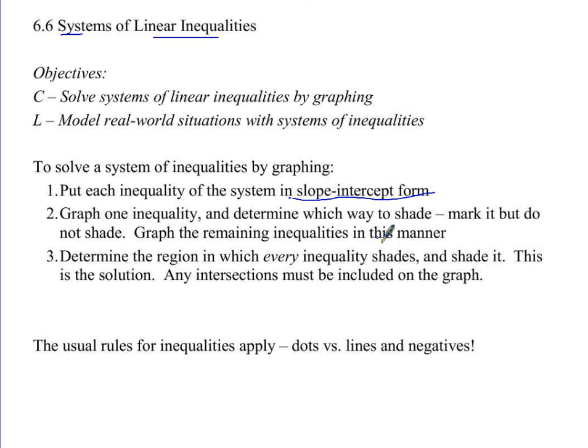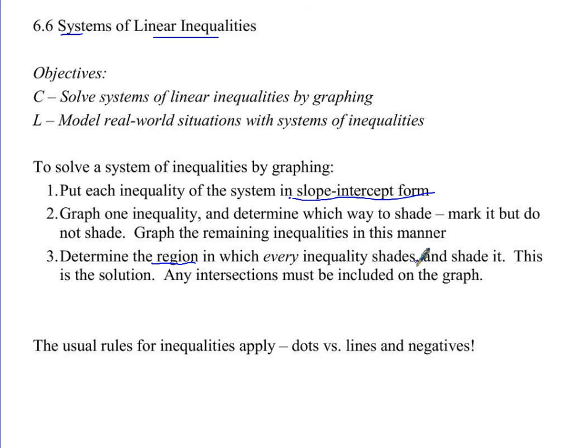Graph the remaining inequalities. Notice I said remaining inequalities. We might have not just 2 inequalities, we might have 3, 4, 5, there might be 10 inequalities. Not really in Algebra 1, but we will do a problem in this section where we have several inequalities all in the same graph. Then figure out the region. A region is like an area, right, in which every inequality shades.